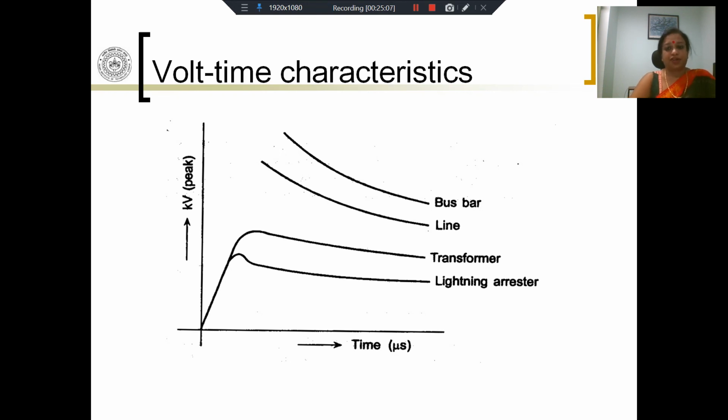When you choose your protective device, to continue from what we have already discussed, the various equipment should have different volt-time characteristics, because if you remember, some of them are more expendable and some of them are less expendable, in the sense that we would prefer some of them to be untouched. So naturally, the volt-time characteristic of the lightning arrestor will be lowest.